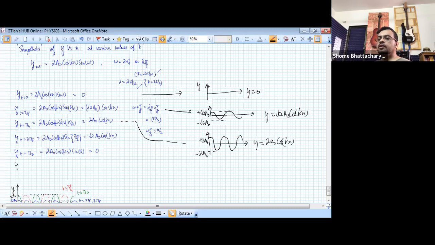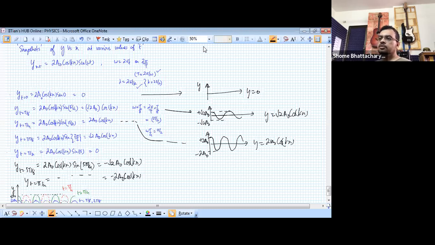So similarly, if you now plot at t equal to 5T by 8, this will become 2a naught cos kx sine 5 pi by 4, that will become minus root 2 a naught cos kx. Similarly, you plot at 3T by 4. This will become minus 2 a naught cos kx. And so on and so forth. The progression goes. Okay?